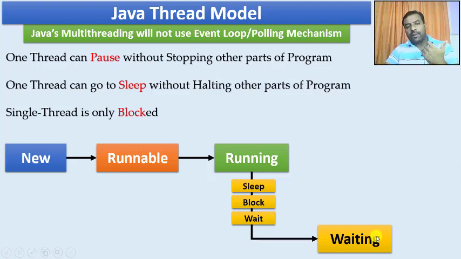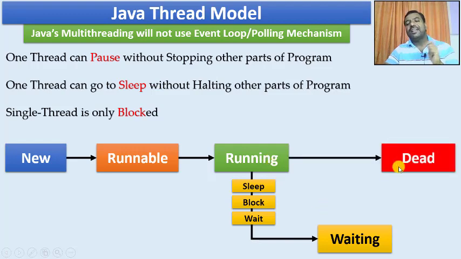So now from being in the running state or the waiting state, I can kill the thread. Once the execution of the thread is done, we say it is in the dead state. So I can reach the dead state from running, when I complete my execution, or the user terminates the process.